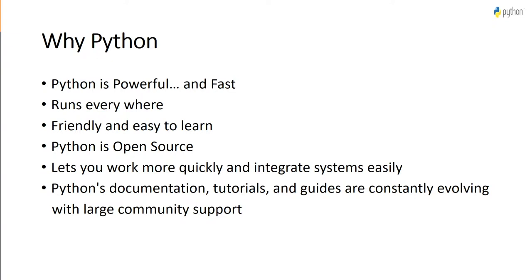If you write a Python program on any operating system or platform, the same program will run on any other platform. If you write a program in Windows, the same program can run on Linux or Mac as well. So Python is a platform independent programming language.